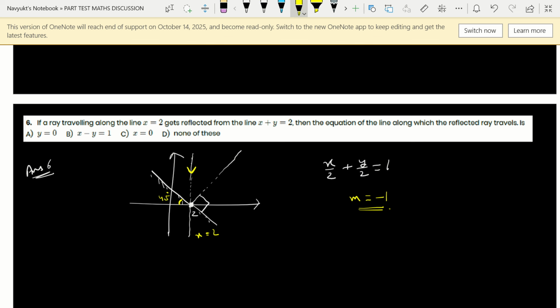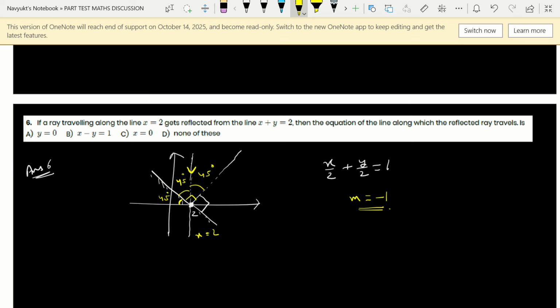It's all the game of angles only, nothing else. If this angle is 45 degrees, this also gets to 45, because the incident ray x equals to 2 is a vertical line, so the whole angle should be 90. Here we get 45 degrees. Again, as I have drawn a perpendicular normal to this mirror, this angle should be 90, which gives us this also as 45.